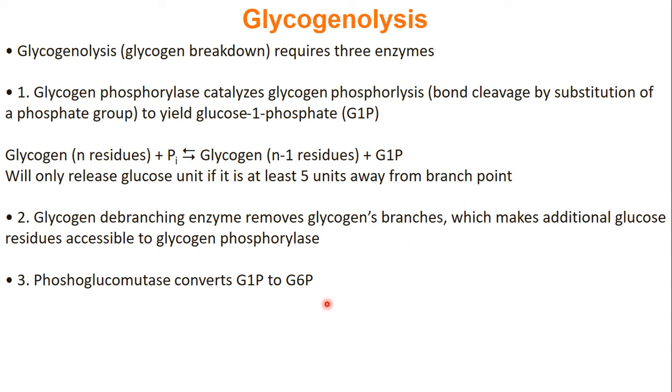And our last enzyme, which works with enzyme 1, is phosphoglucomutase, which will convert our glucose 1-phosphate into glucose 6-phosphate, which we just saw in the previous slides. It is central to all the metabolism that we have been talking about now.